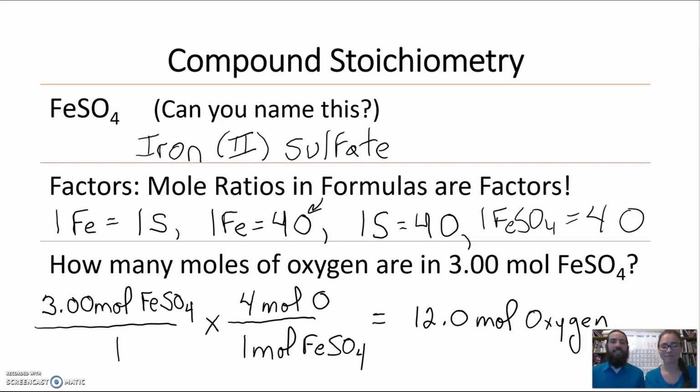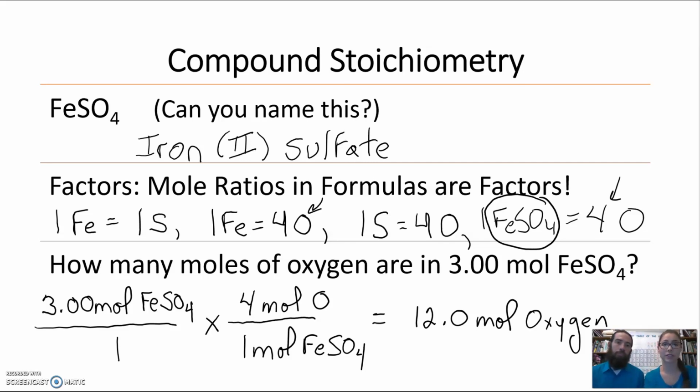It's 4 oxygens. And there are many other ratios within that one formula. For every 1 entire FeSO4, we have 4 oxygens, or 1 sulfur, or 1 iron. So we can use these factors as we need to as we're doing our conversion.